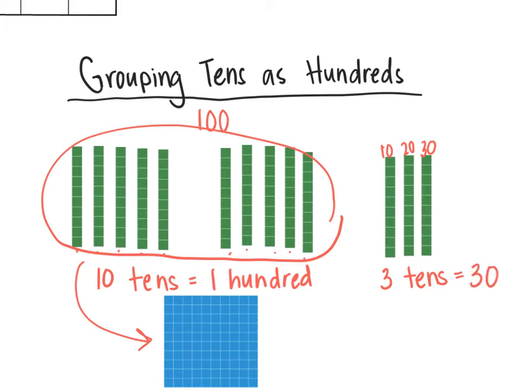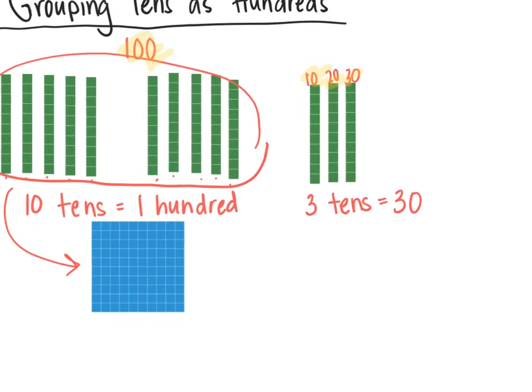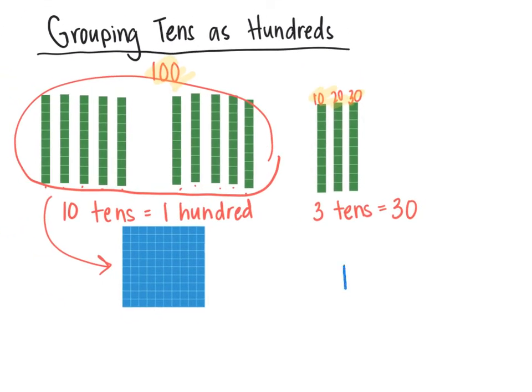So if we have 100 right here and we have 30 right here, how much do we have total? What's our number? We have 130.